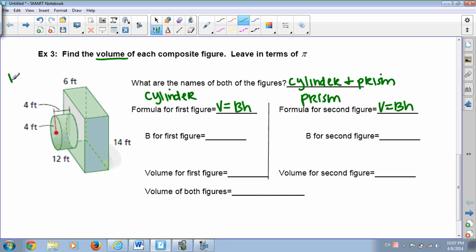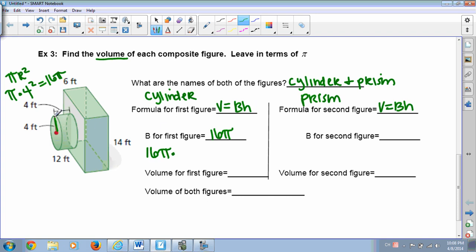And to find area of a circle, that's pi r squared. So we have pi times our radius of our circle, which is 4 squared. And 4 squared is 16. So the area of our base is 16 pi. And then to find the volume, we would just do big B, which we just found out was 16 pi, times the height.